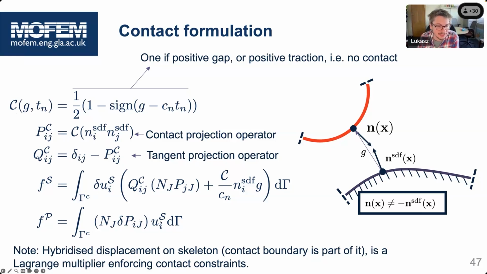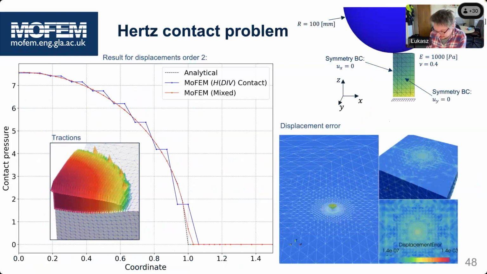But if we want to enforce the contact, this term will enforce the displacements in the body such that there is no penetration. So you can see the simplicity which hybridization introduced. Suddenly, contact is a natural feature of the whole finite element scheme.